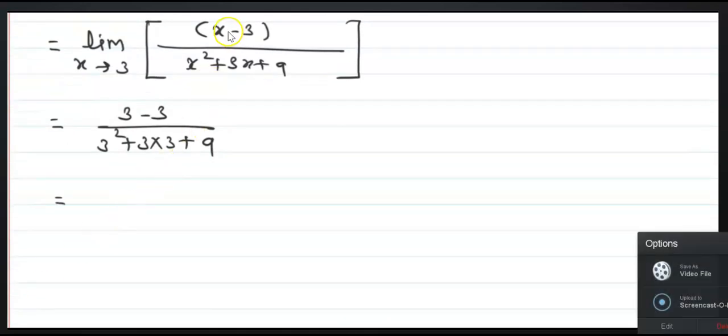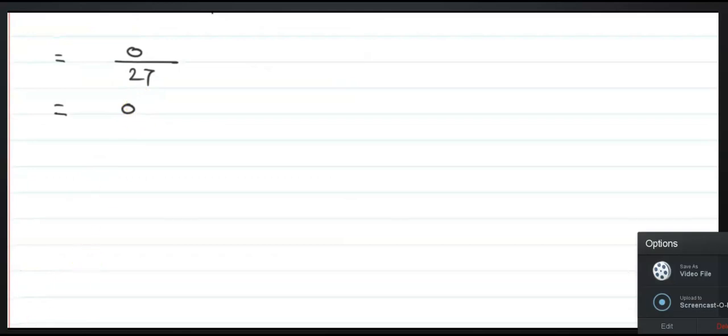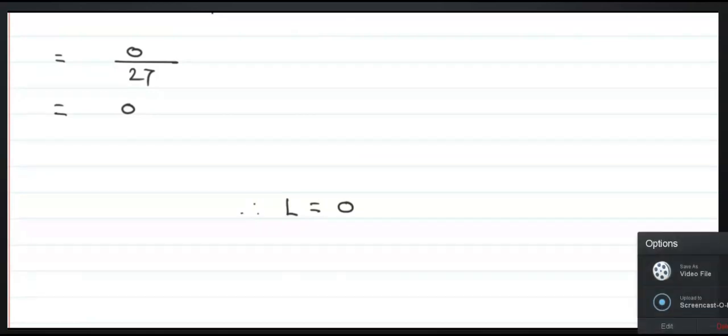Here we substitute x equals 3: 3 minus 3, and 3 square plus 3 into 3 plus 9. Hence you will get the numerator as 0, and the denominator is 27, so 0 upon 27. Overall, the limit of the given function is 0.